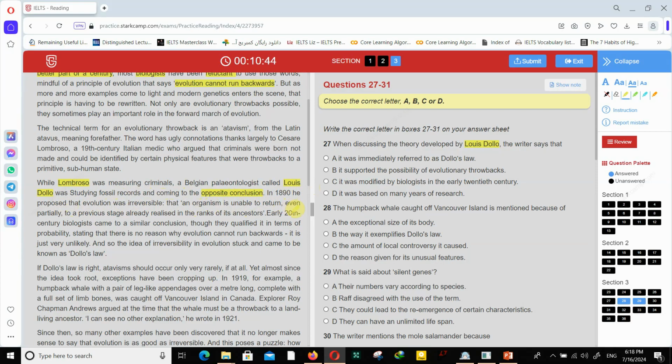Early 20th century biologists came to a similar conclusion. Okay, now here it says that it was immediately referred to as Dollo's law. No, it supported the possibility of evolutionary throwbacks. Maybe it was modified by biologists in the early 20th century. Yes, of course. Here it says early 20th century biologists came to a similar conclusion. It means that it was modified by biologists in the early 20th century. So option C is the answer.